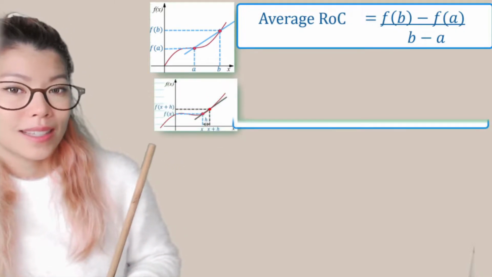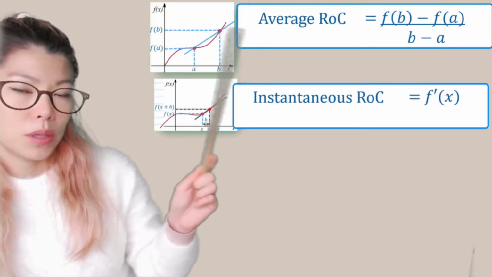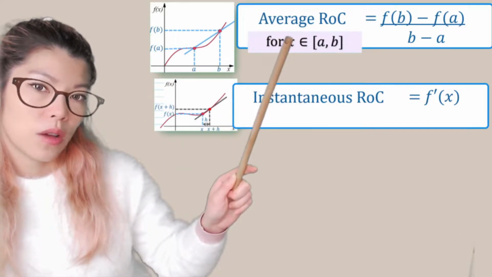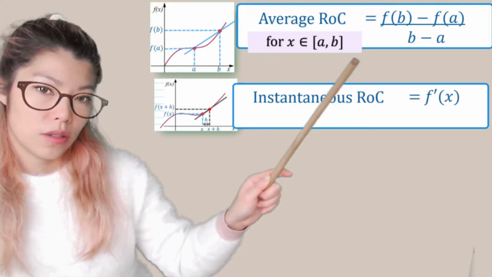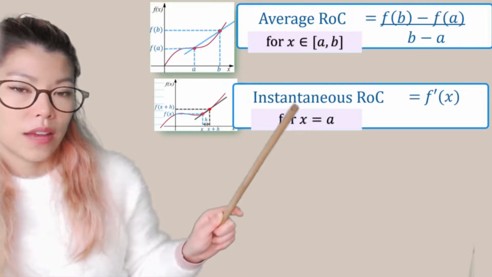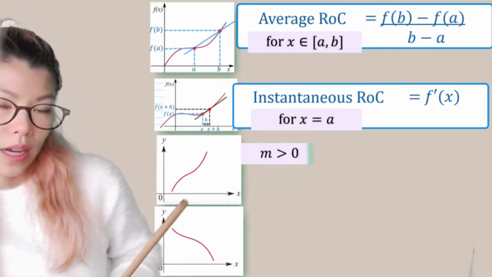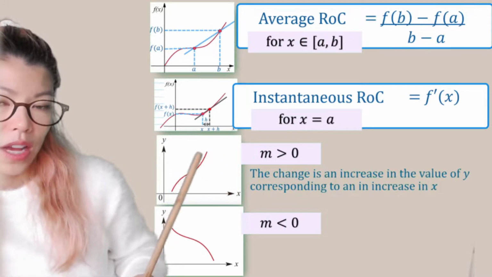And then we looked at instantaneous rate of change, which is the gradient at that point rather than between 2 points. And we saw that for the average, the question always gave us a domain of 2 x values, whereas instantaneous only gave us 1 x value. And we saw positive and negative graphs, and instead of saying m, we use f dash x.